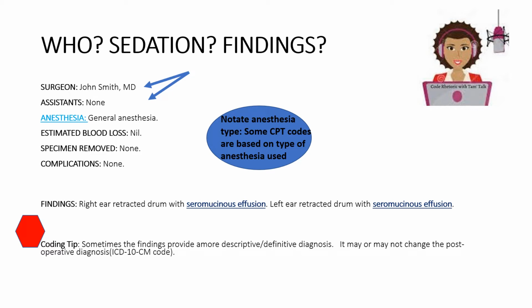And if that's the case, it may change our final or postoperative codes. Sometimes it may not. The times when it doesn't are because the diagnosis code is going to be the same, or it didn't change the scope of the procedure for the patient.